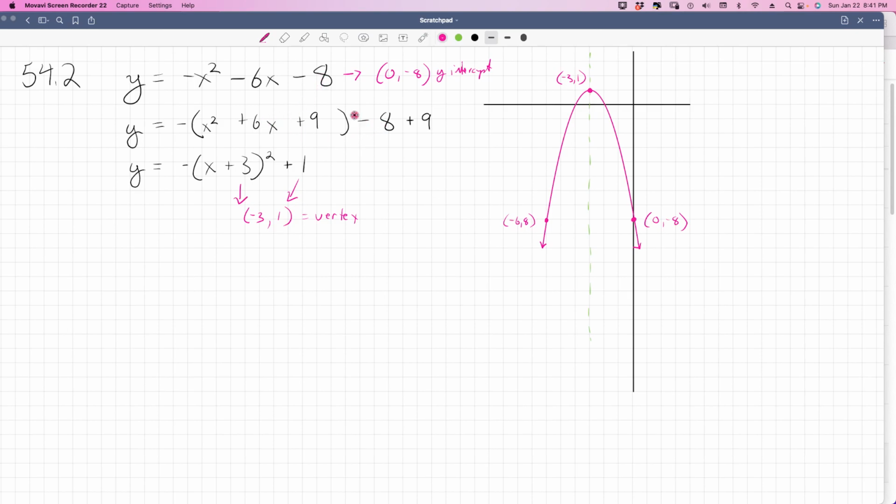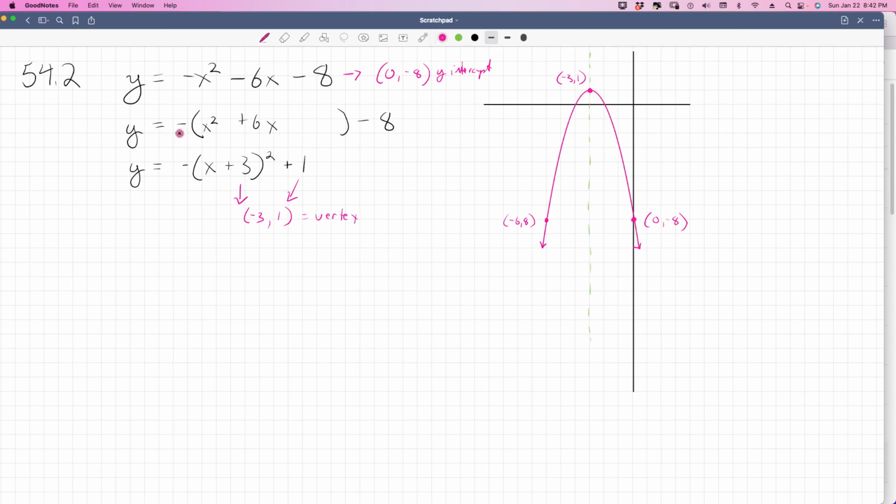So we move it to the outside. What happens is it looks like this. We factor this negative out of the negative x squared and the negative 6x, and we have positive x squared plus 6x, and then we have room for that third term. We've put our negative on the outside.